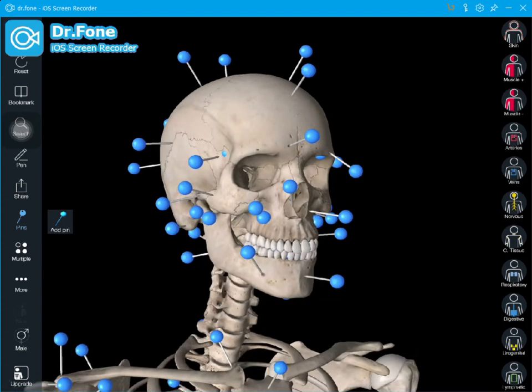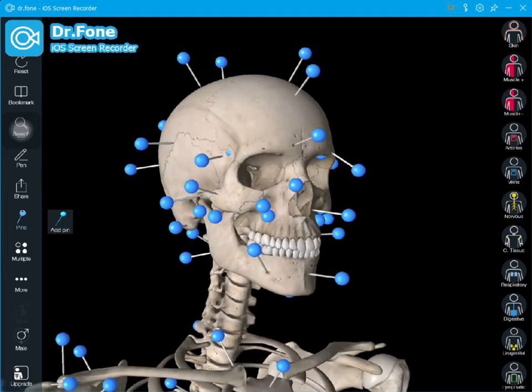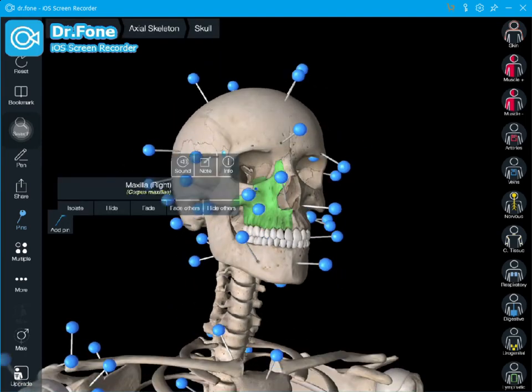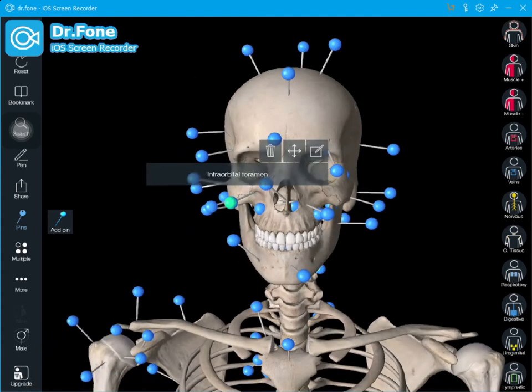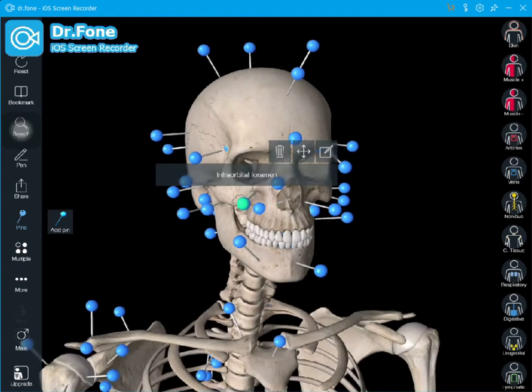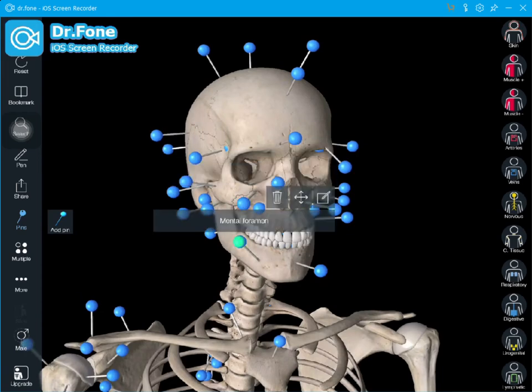Infraorbital margin. This is the foramen on the mandible, so it's the mental foramen. Mental equals chin.